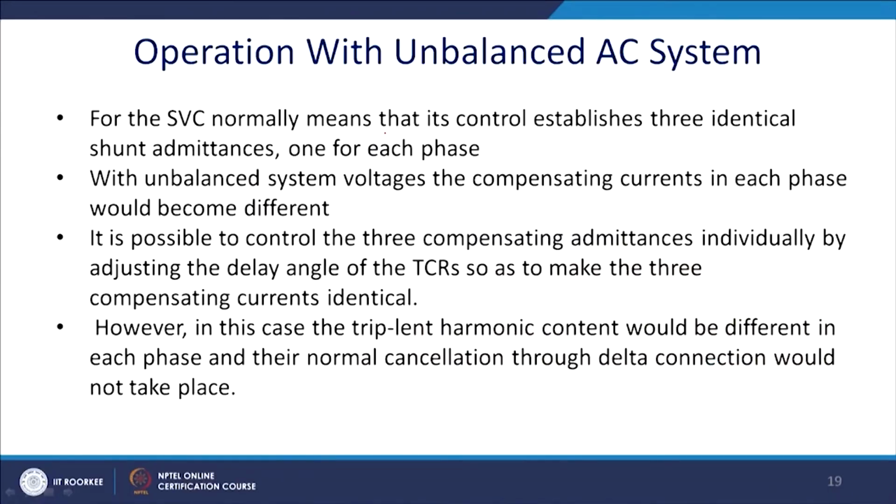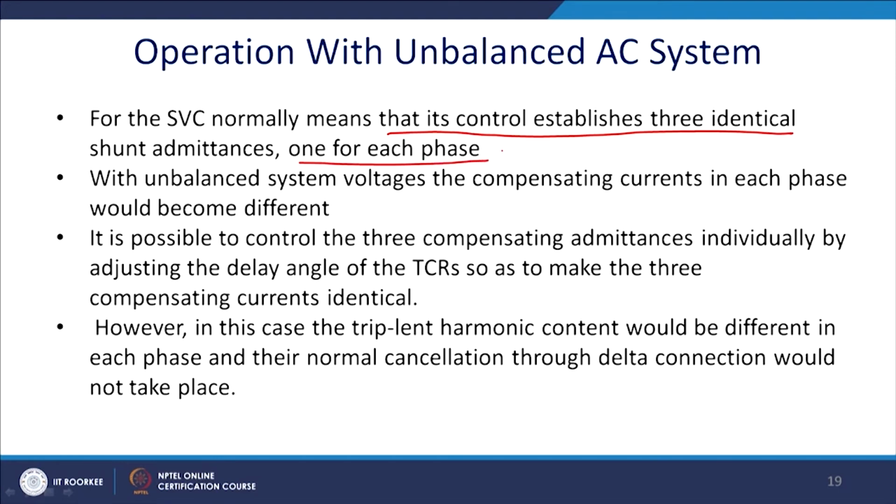Now, what about its performance while handling an unbalanced power system, due to load or due to source? For the SVC, normally the control establishes three identical shunt admittances, one for each phase. So, while discussing, we have assumed that the system is balanced.